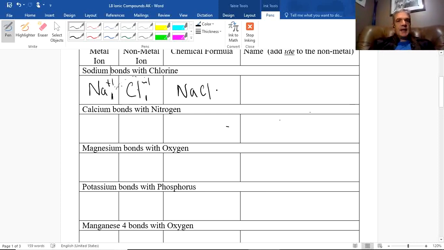And that is our chemical formula because we're going to have one Na combine with one chlorine, one sodium, one chlorine. Okay. And to write the name, when we write out the full name, we write out sodium. And instead of writing sodium chlorine, we always change the ending to "ide."